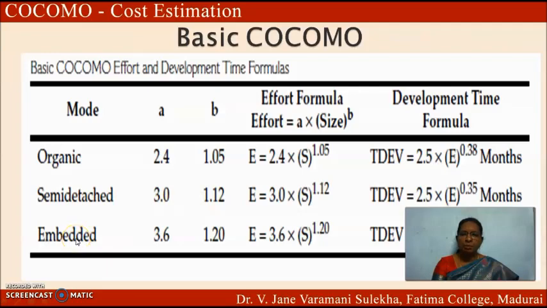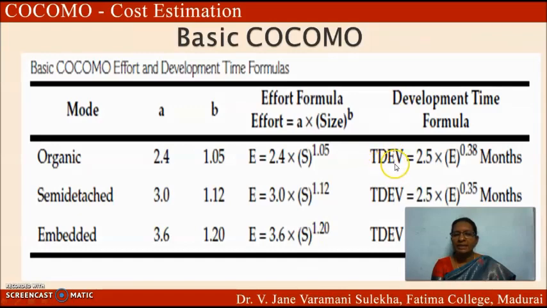In embedded mode, we have to give A value as 3.6 and B value 1.20. So when we calculate, for organic, E is equal to 2.4 into size to the power of 1.05. Likewise, in semi-detached, E is equal to 3.0 into S to the power of 1.12. Embedded, E is equal to 3.6 into S to the power of 1.20.